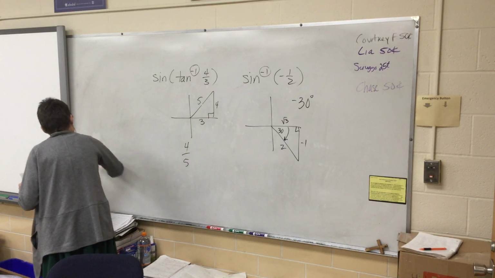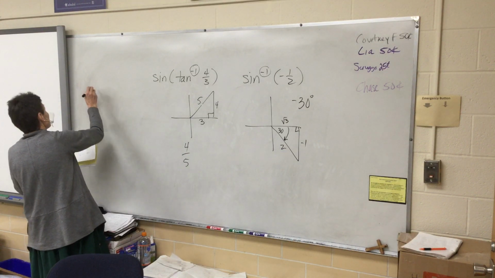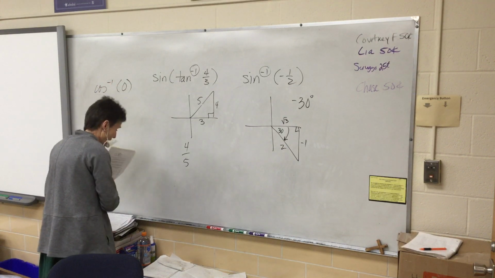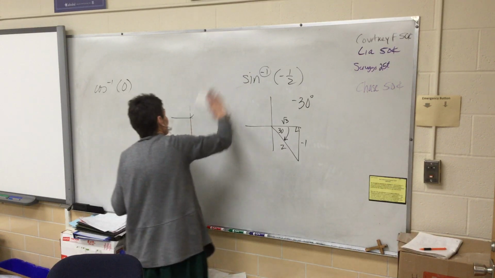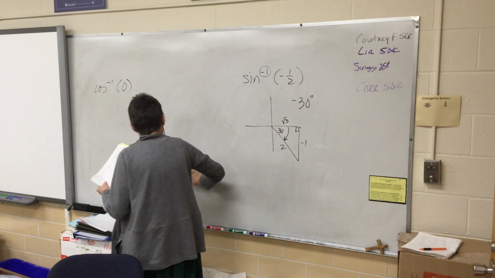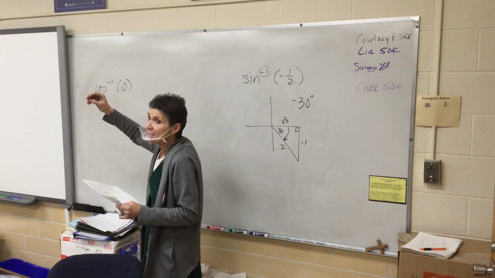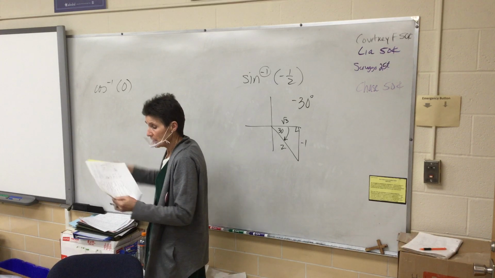You've got another one just like that, only it's a 0. Now, remember, this problem literally says, find the angle whose cosine is 0.